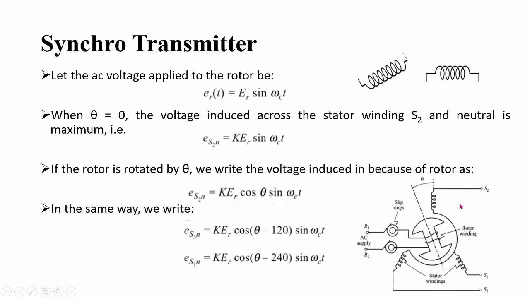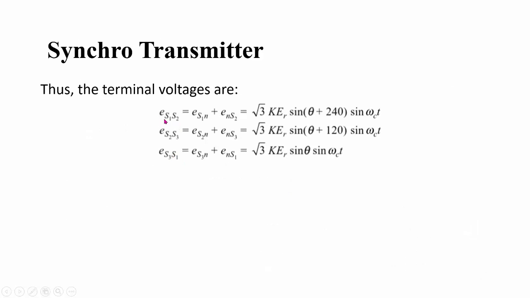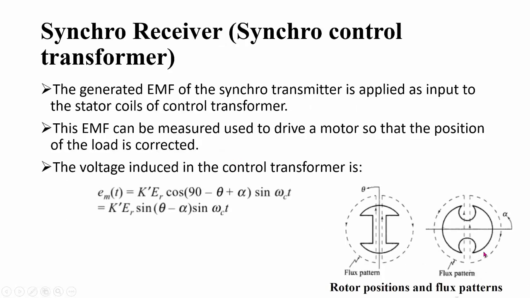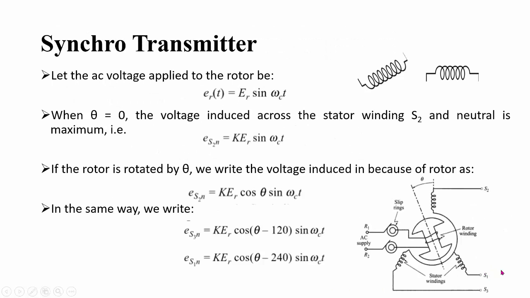Since we are talking about S1 S2, the voltage that exists between the terminals S1 and S2, these two terminals, can be obtained by applying KVL in this particular loop.